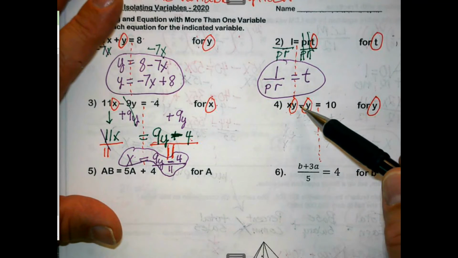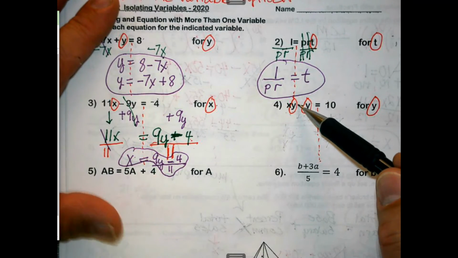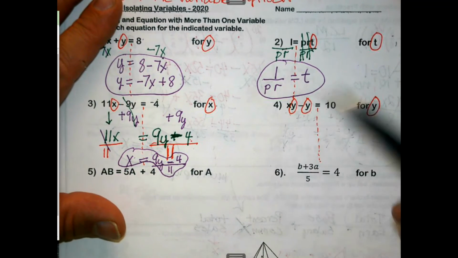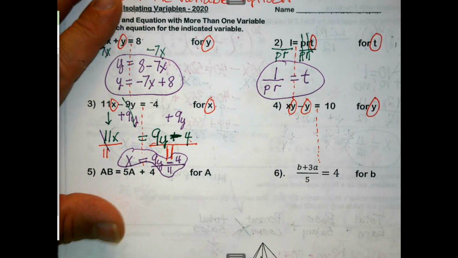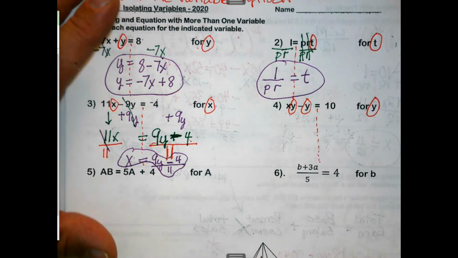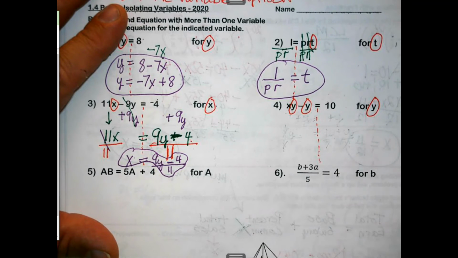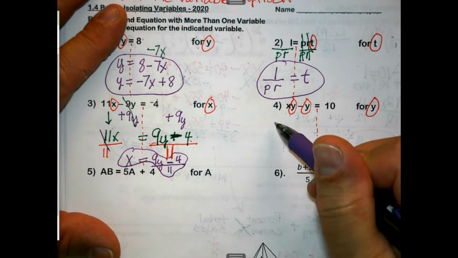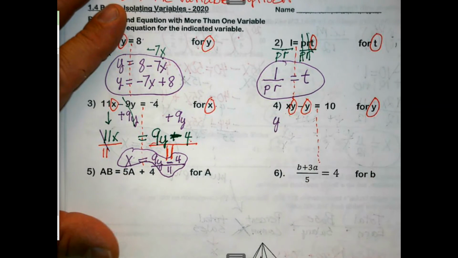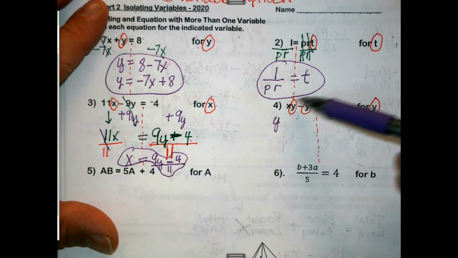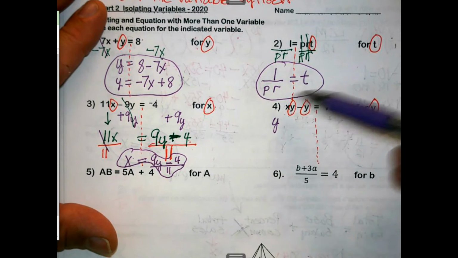Now I can do a little trick here. So I'm actually going to divide out that y. So I'm just going to put it here for now. And I would like this to be one term. If this was one term, it'd be great.